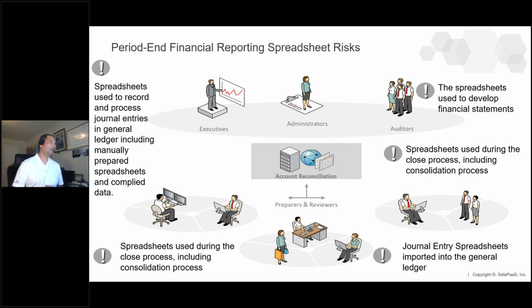I kind of talked about it already. They're being used more often to prepare those special entries that you have to make because of your change in business climate, let's say. You may be writing off some inventory or an asset that you were not planning to. Those entries are typically not system generated nicely from a subledger and accounting system.